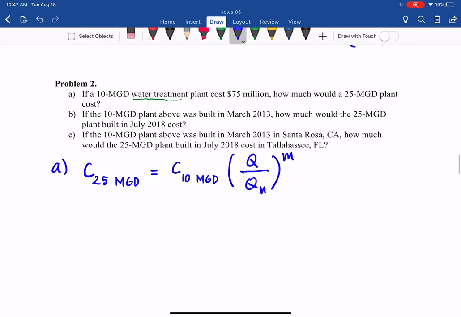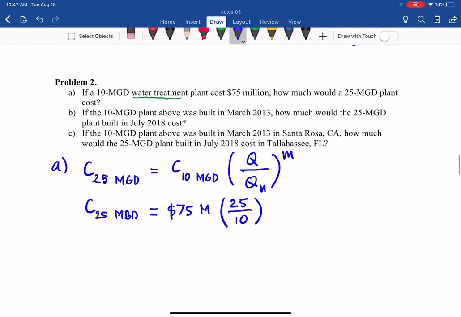We need to find the C for 10 million gallon per day. It is already given, so we just plug in the numbers. The cost for 25 million gallon per day equals 75 million times the capacity of the new facility, 25, divided by the capacity of the reference facility, 10 million gallon per day, to the power m.